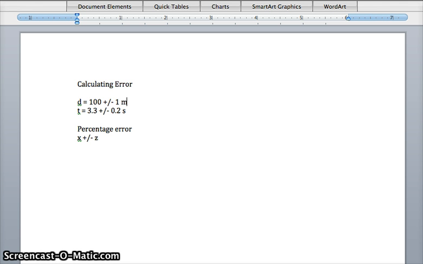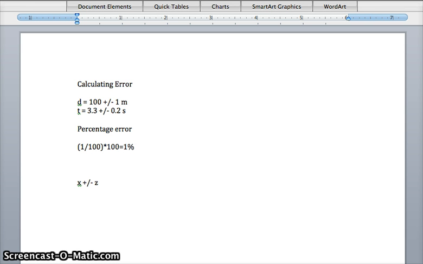Your textbook makes a fair deal about calculating percentage, and percentage is just equal to the uncertainty divided by the actual value times 100. So for the first one, if it's 100 plus or minus 1, that would be 1 over 100 times 100, which is obviously 1%.